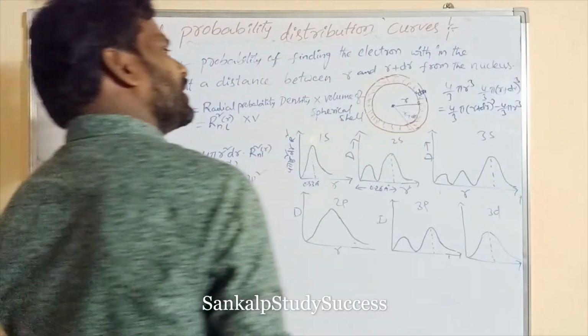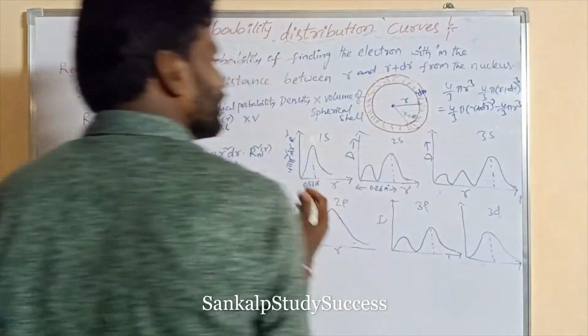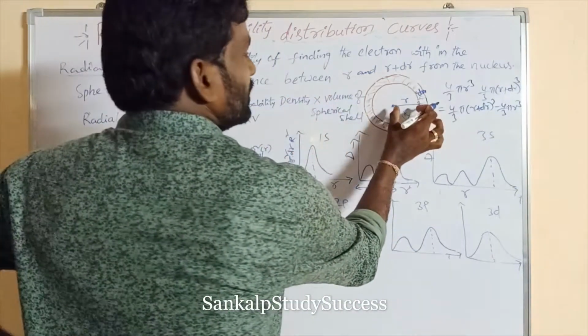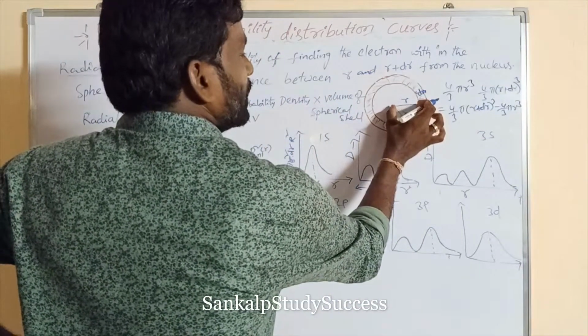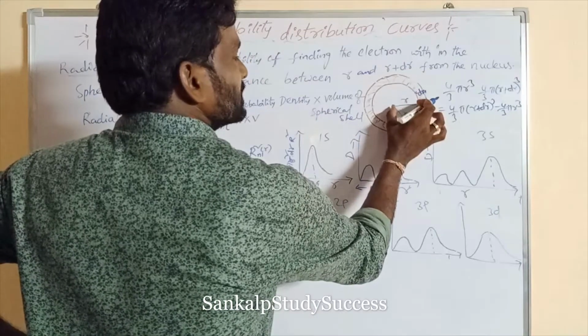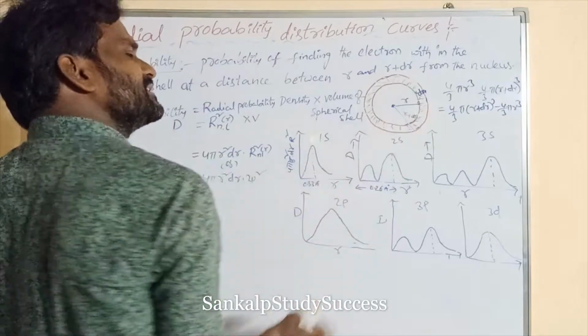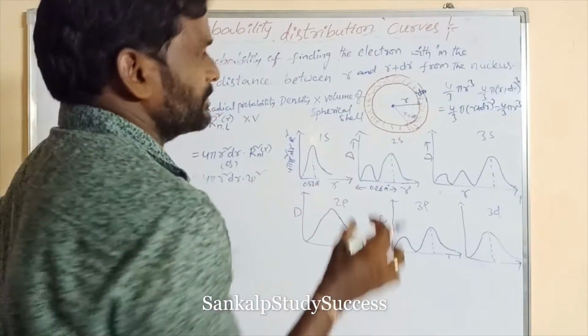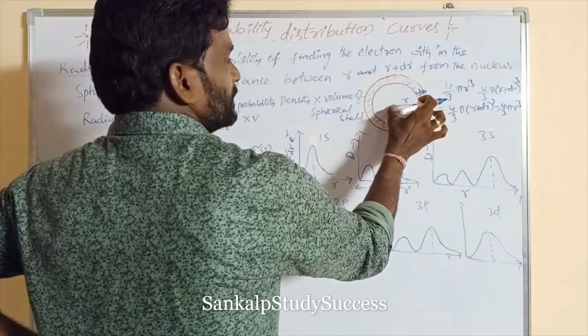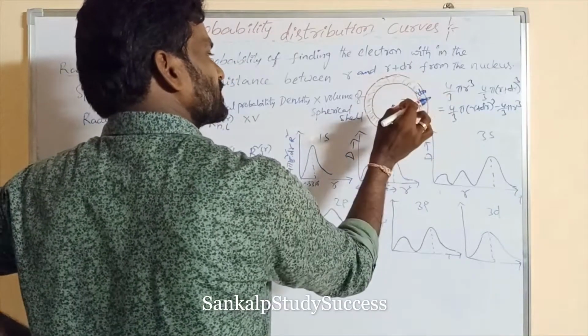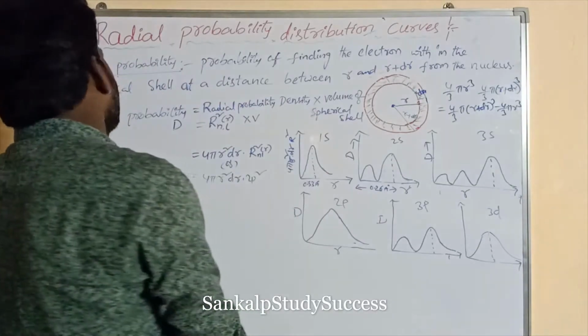This volume can also be calculated by another method. For this sphere, surface area into distance is like a volume. The surface area of the sphere and the thickness of the spherical shell are taken as volume.